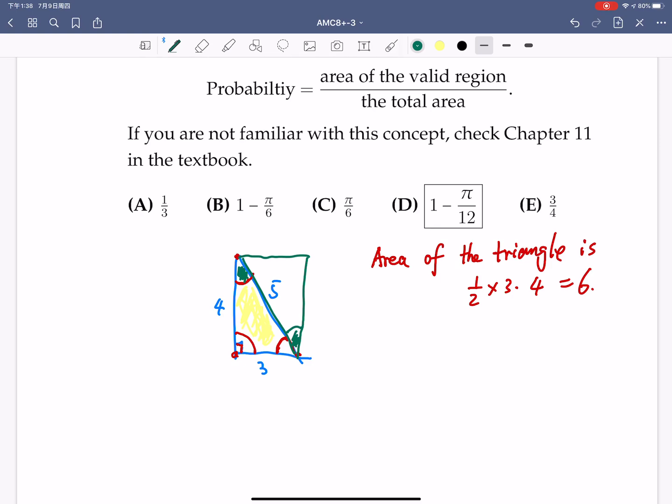So if you paste the sector here to this place, then we would get a quarter of the circle. So the total area of 2/4 of a circle will be half of the area of the unit circle, which is half times pi.